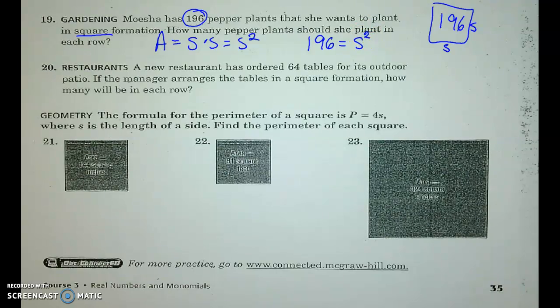Then we've got to do our square root. Square root of S squared, square root of 196. And when we solve that, square root of 196 ends up being 14 equals S. So each row is going to have 14 plants.